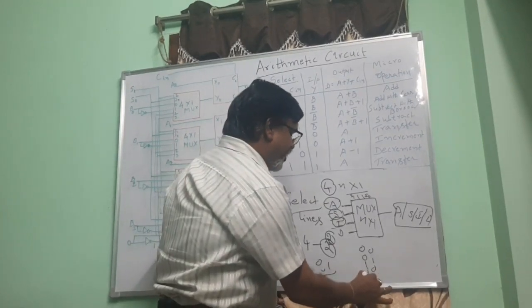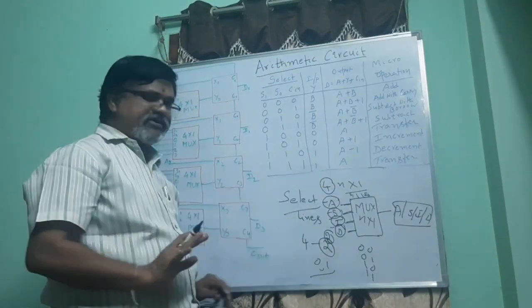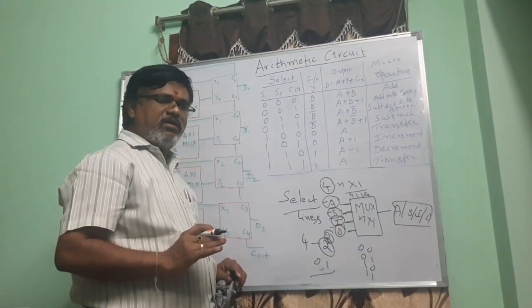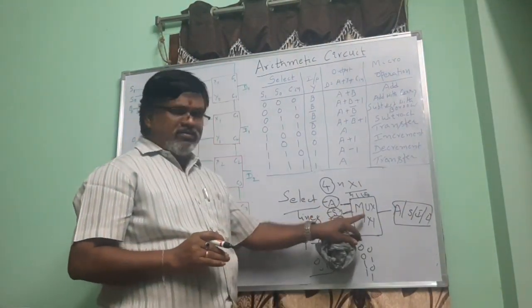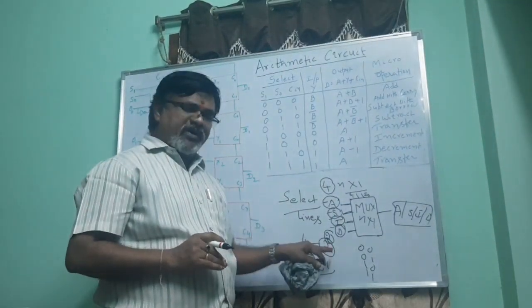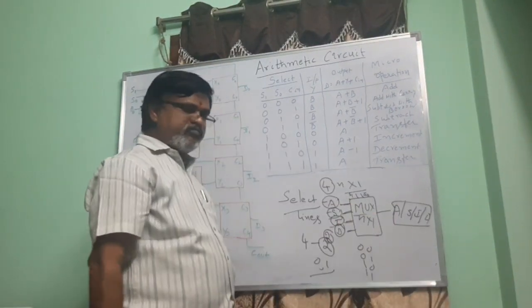If it is 1 1, think decrementer will be performed. This is the basic idea behind performing all the 4 operations with one hardware part, by using one multiplexer.